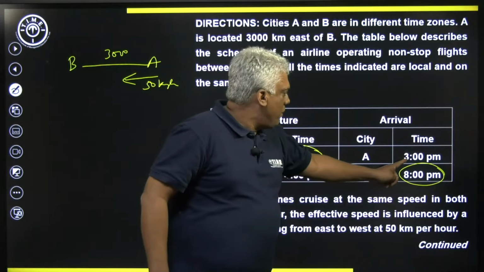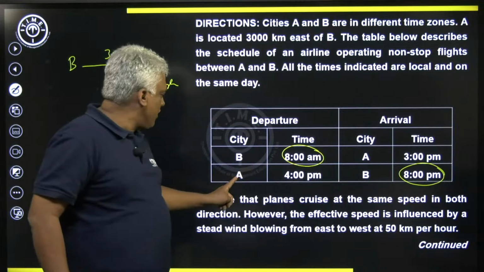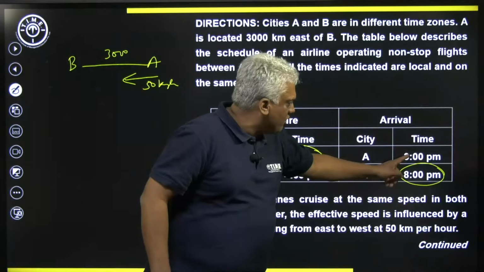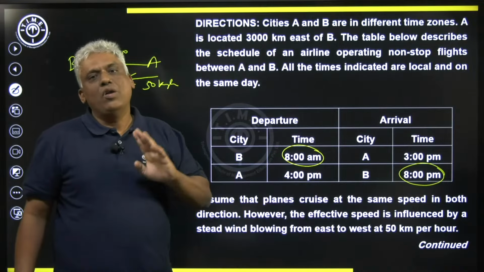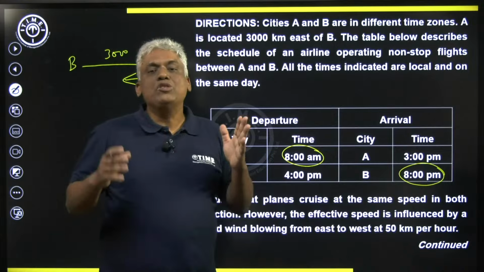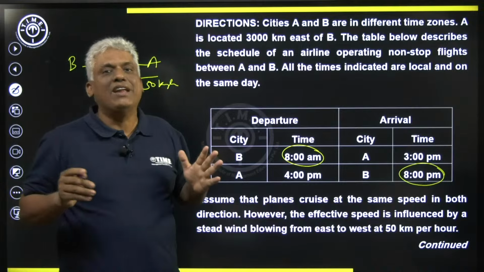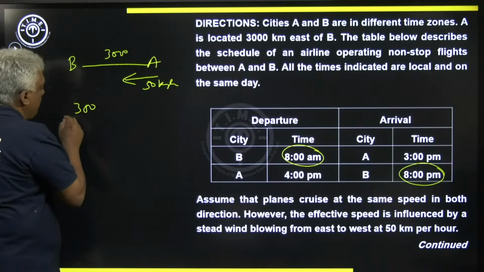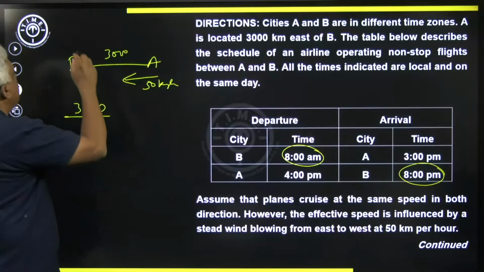At city A, the plane took 1 hour rest, reached city A at 3 p.m. and started from city A at 4 p.m. So in city A, in the local time, 3 p.m. to 4 p.m., 1 hour the plane was not flying, right? It was a rest. That means total duration of time from B to A and A to B is 12 minus 1, 11 hours. So now 3,000 divided by the speed, let the speed of plane be x.